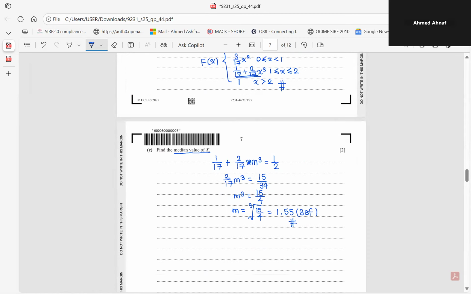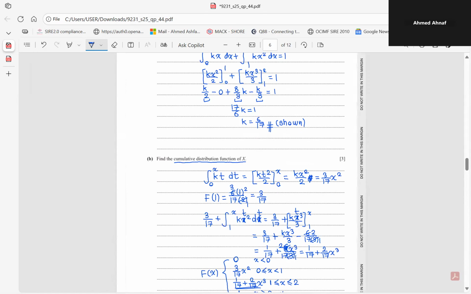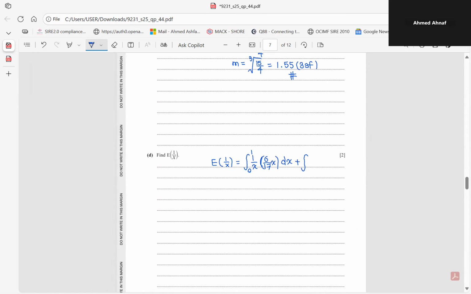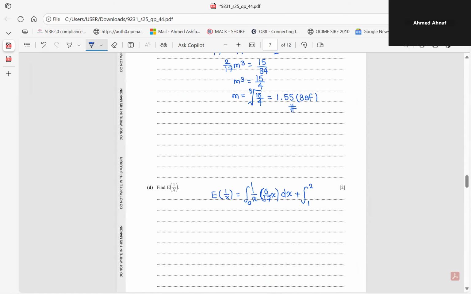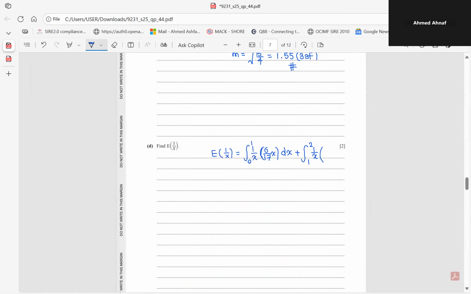The range is from 0 to 1, so lower limit is 0, upper limit is 1, plus the second one, which is 1 to 2. Then you take 1 over x times the PDF from 1 to 2, that's kx squared, so 16 over 17 x squared dx.